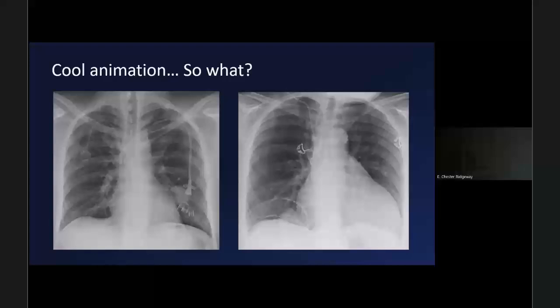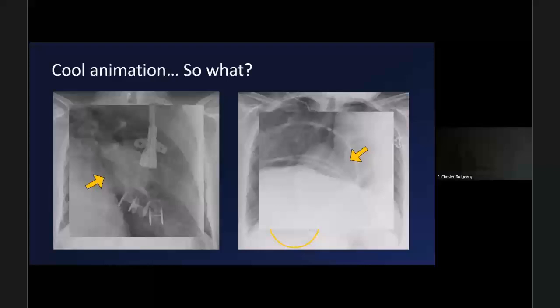What kind of differential do we provide for this? These are our findings, as I just pointed out for you, and I'm going to zoom in on them. Here on the left image, that yellow arrow is denoting that thin linear lucency. On the right image, the arrow is showing where you would expect to see that interface, but you don't see that linear lucency anymore.